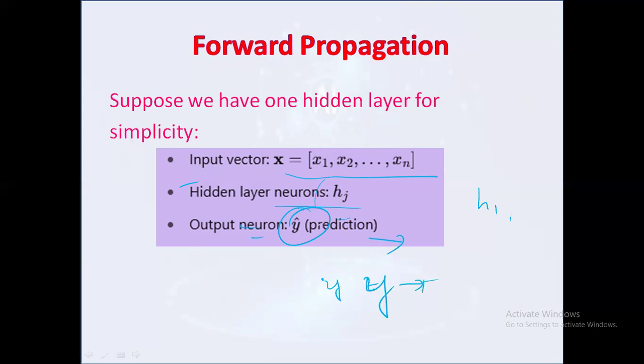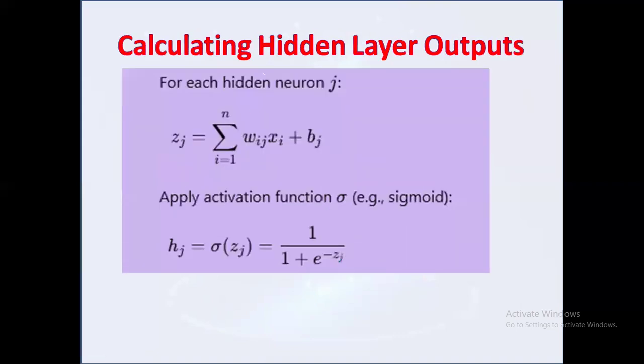If the targeted output is not matching the prediction, we calculate the error function. We send back and forth until we get zero error, calculating the hidden layer outputs. For each hidden neuron, we find the output like this: the sum of xi wij plus bj.